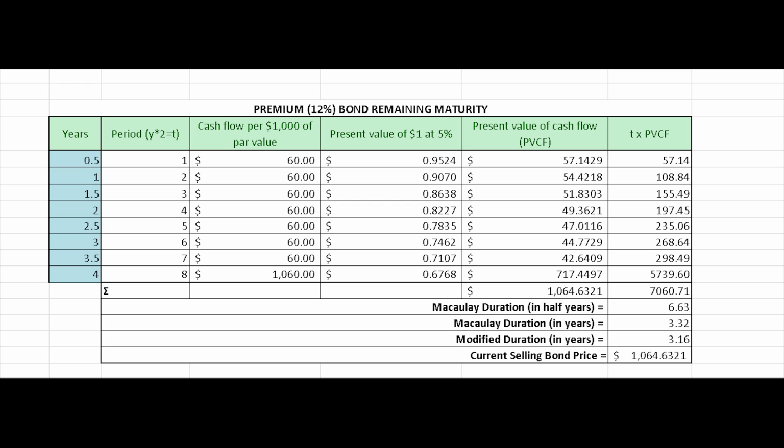You paid a premium price above $1,000. So some of your earnings, some of the money that you would make, are getting wiped out, which is not good for investors. So it depends on your expectations. Do you expect market rates to increase or decrease? And it depends on your preference as an investor, whether you want a steady income or whether you care only about the payment upon maturity.